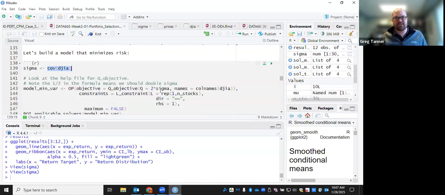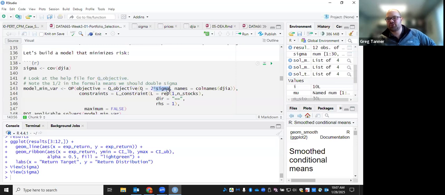So our objective, we take 2 times that sigma, and what I'll point out here is that if you look at the help file for Q_objective, it's got a 1/2 baked into it. And so to account for that 1/2 that it's going to multiply by, we double it here.